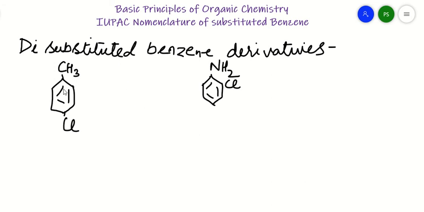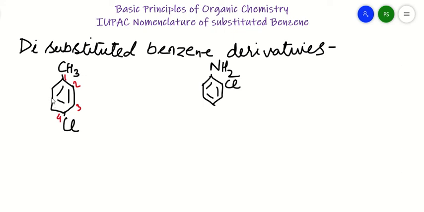In the two examples on the screen, two hydrogen atoms of the benzene molecule are replaced by two different substituents. In compound number 1, a methyl group and chloro are present. If you see carefully, this is carbon number 1, this is 2, this is 3, this is 4.